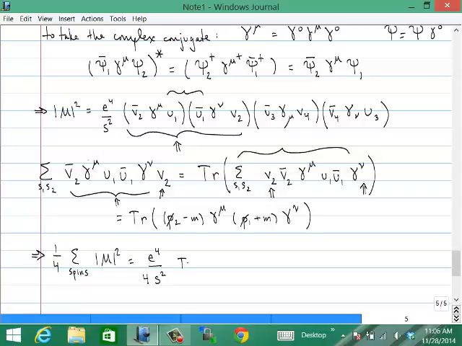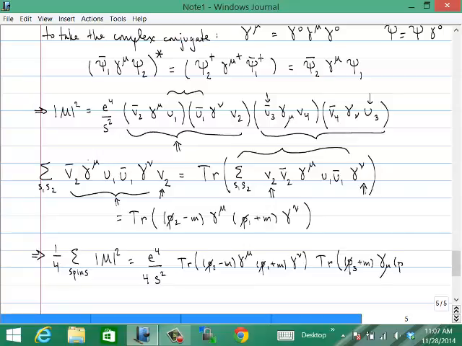There's the first term that we just computed, P2 slash minus M gamma mu, P1 slash plus M gamma nu, and then a second term coming from this guy right here, where you do the exact same manipulations. So you get a P3 slash plus M coming from the U3 times the U3 bar summed over the spin of the third particle, and then a gamma mu, and then P4 slash minus M times gamma nu.